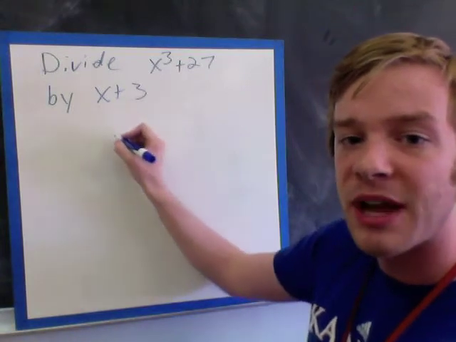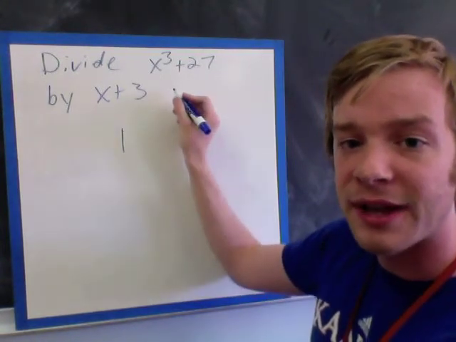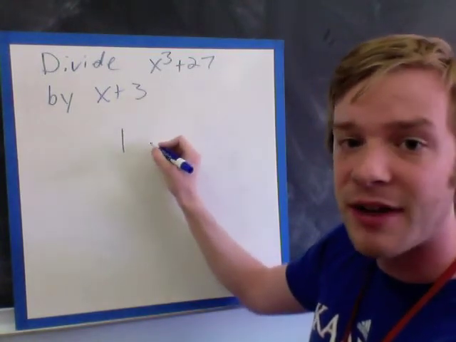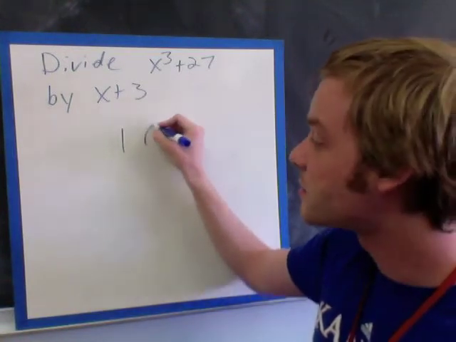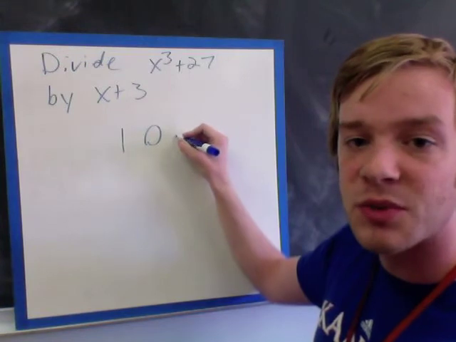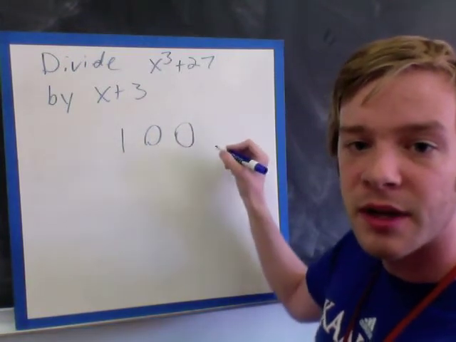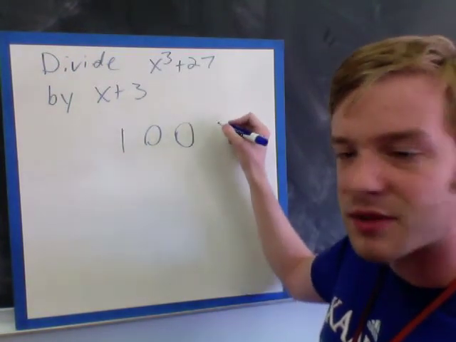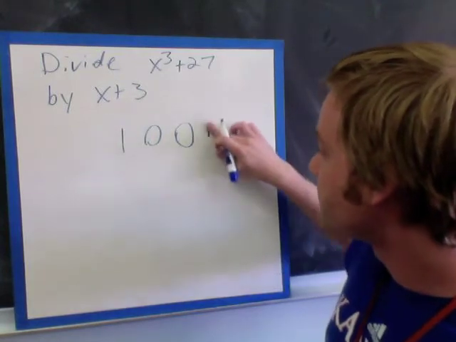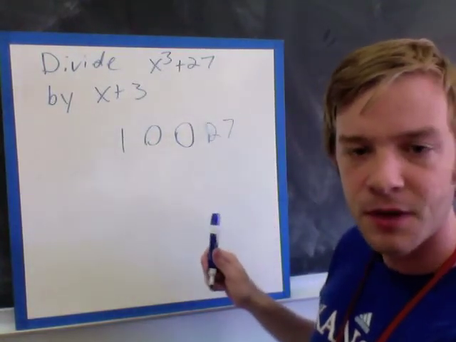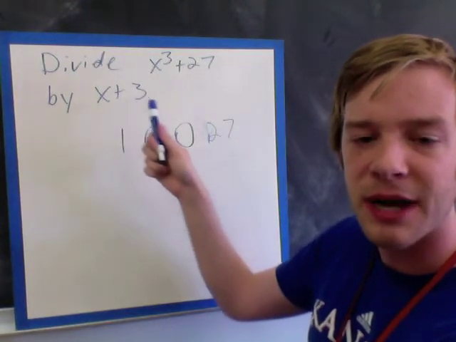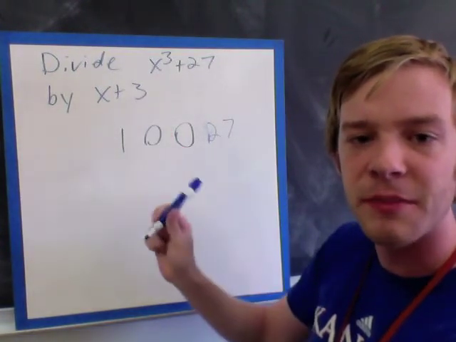So I'm going to have a 1 for my x to the third power. I don't have an x squared in my polynomial, so I'm going to have to put a 0 in. Same thing with my x, and then my 27 last there. Now, once again, here's a positive 3, so I need to go over here and make it a negative 3.